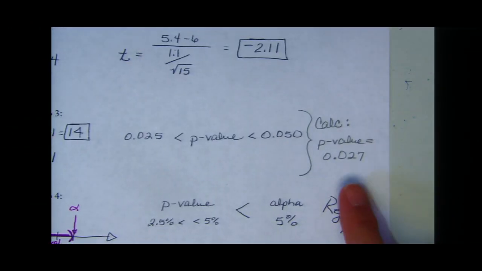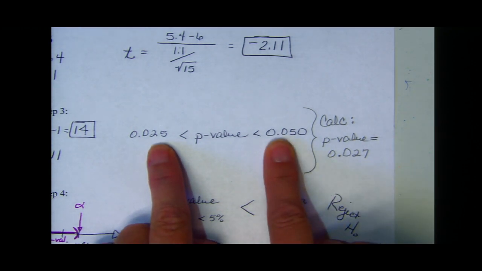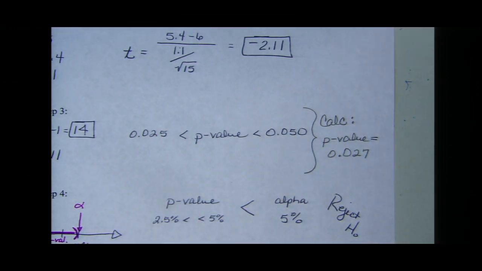And if you look, 0.027 is between these 2 numbers. And again, it's closer to this one, but it is between these 2. So there's how to find the exact p-value if you have the correct calculator.